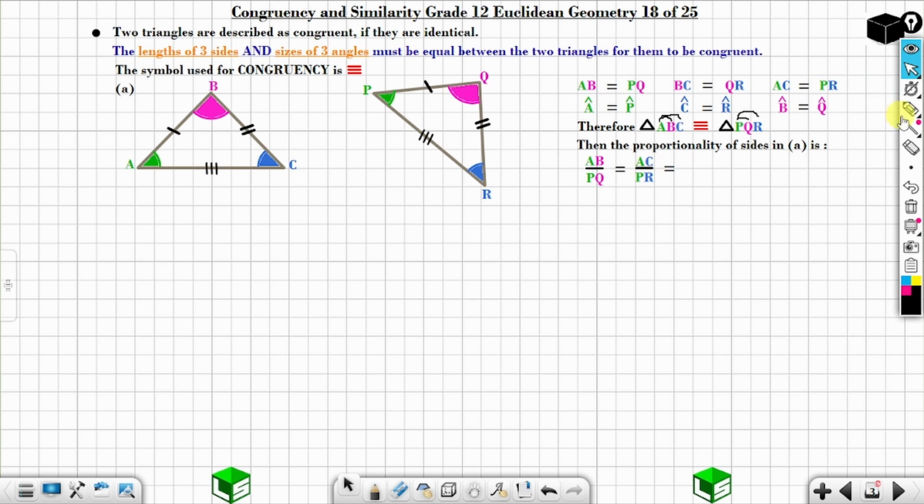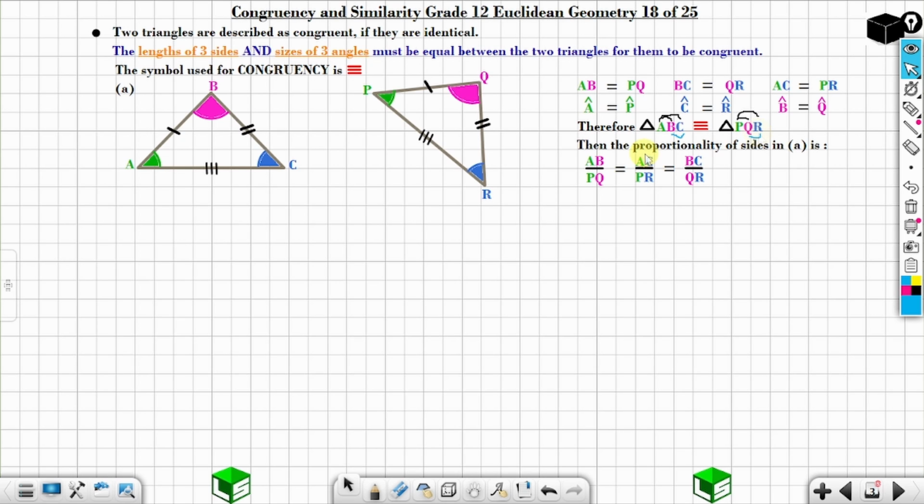This is equal to, let me use a different color, you are now going to use second and third letter in this triangle, and second and third letter in this triangle. So you have BC over QR. Can you see? This is why you have to respect the order.